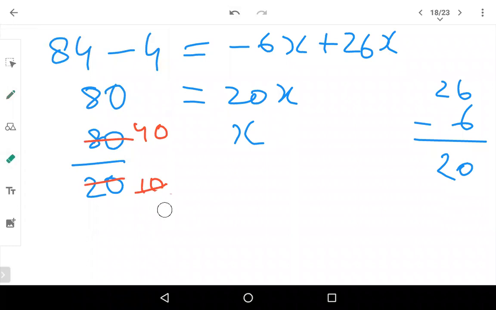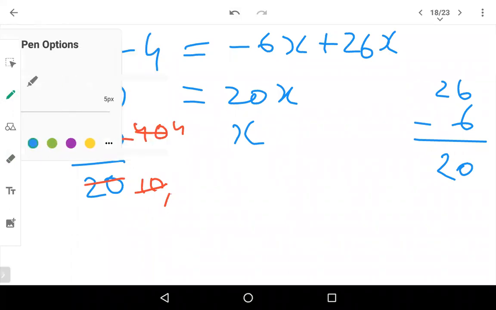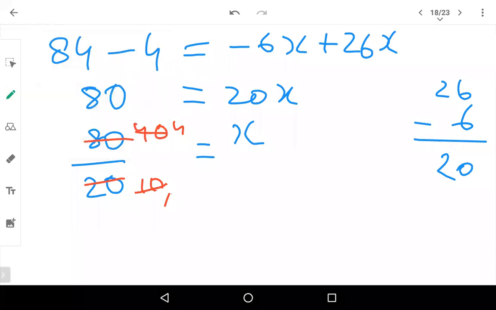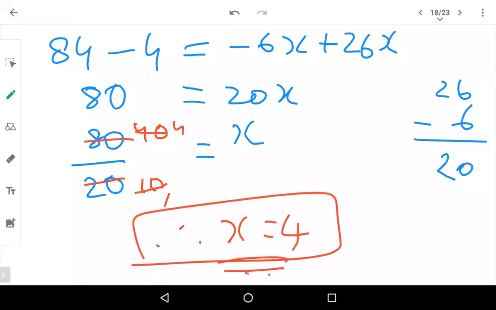That is also easier, right? 10 ones are 10 fours are. So which is nothing but, therefore x is equal to 4. Not 40, it is 4.